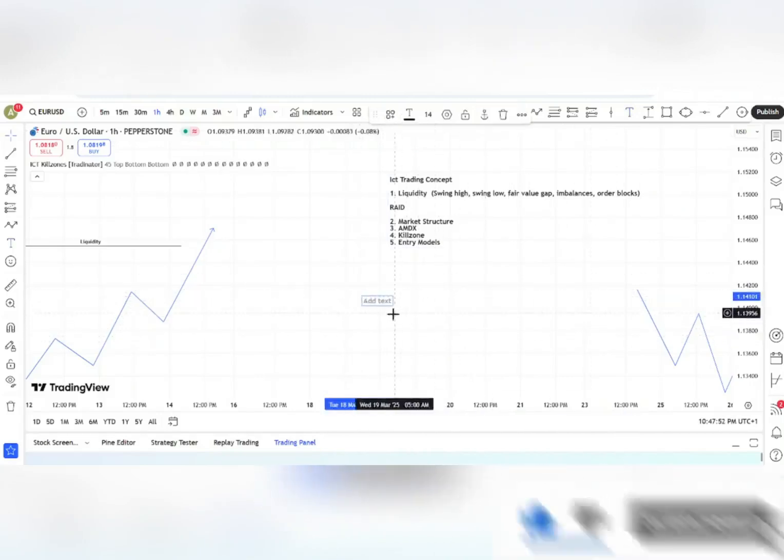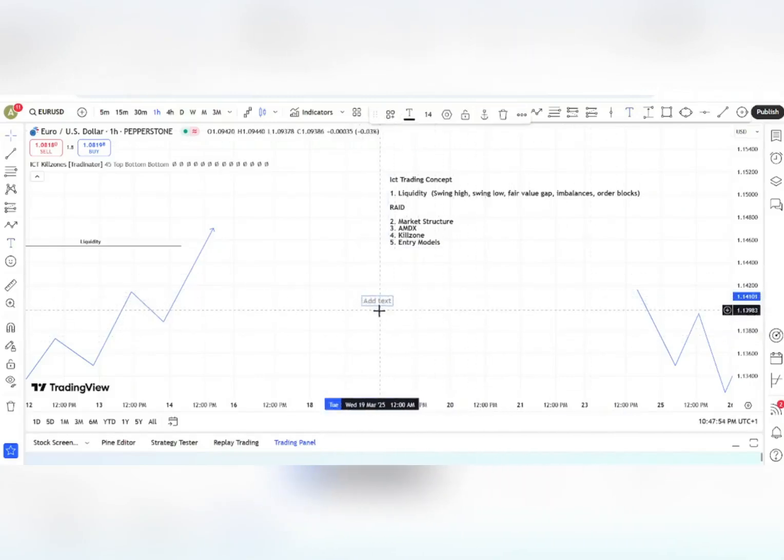We have the bullish market, or we can call it the uptrend, or the bullish order flow, as the case may be. Then we have the bearish market, which we can call the downtrend or the bearish order flow. And then we have the consolidating market.